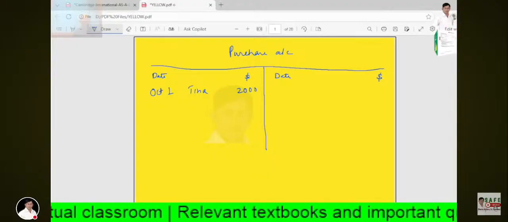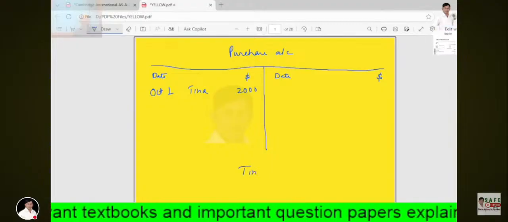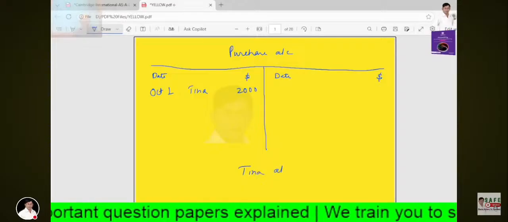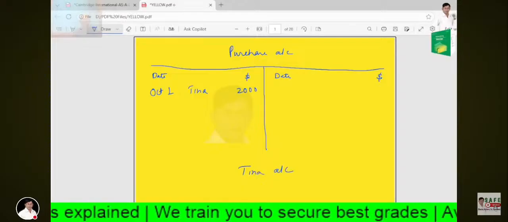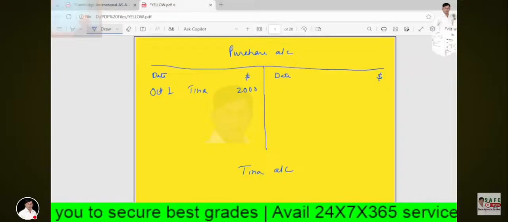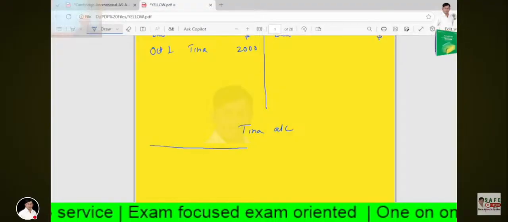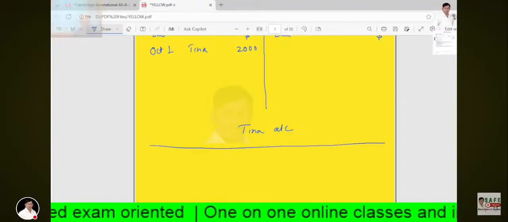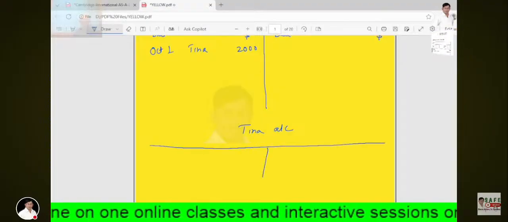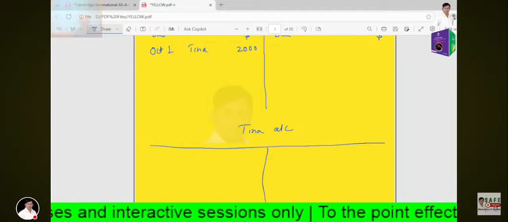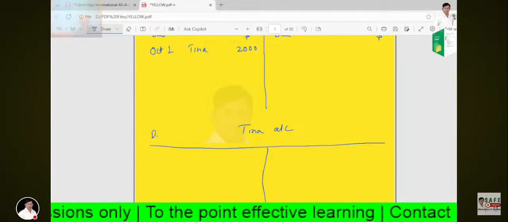So we have to prepare carriage inward. Why did you write here? Carriage inward is an expense only. Why will it be credit? Carriage inward or outward is always an expense. So this also should come here only. 2,800. This side is always debit.